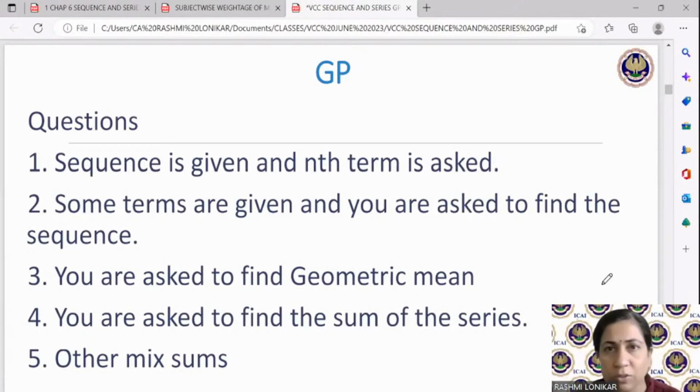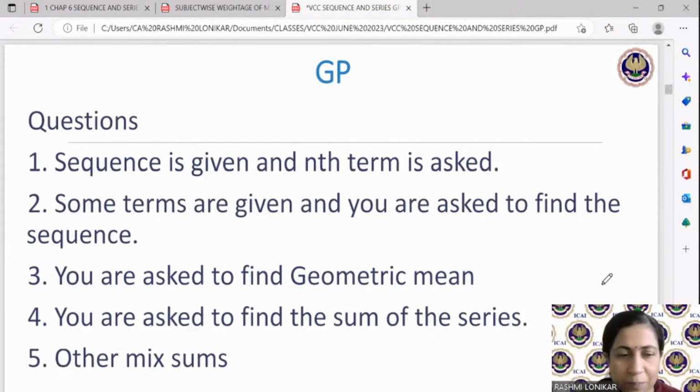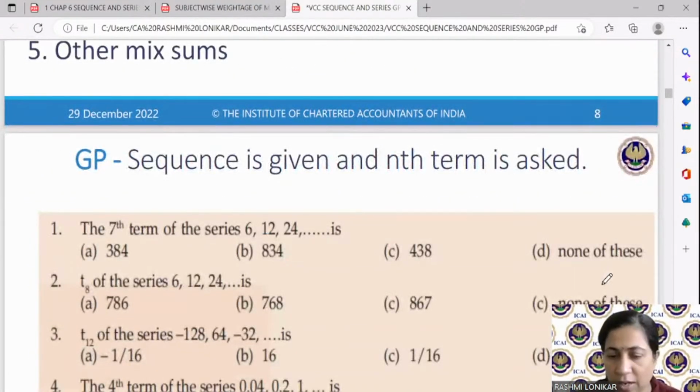Do you remember the three formulas you will be using? And there are mixed sums. In mixed sums, you will be given a series of numbers, and by rearranging those numbers you may get two GPs, or one GP and one AP. You separate them, find the sum of those, and you will get the answer.